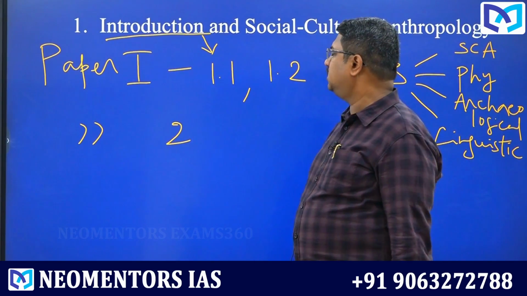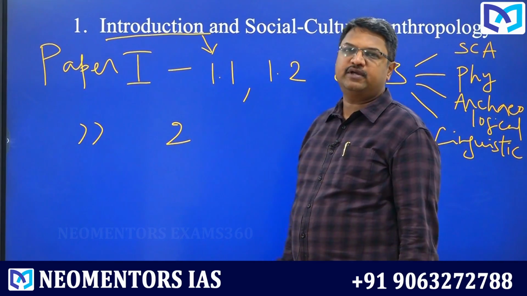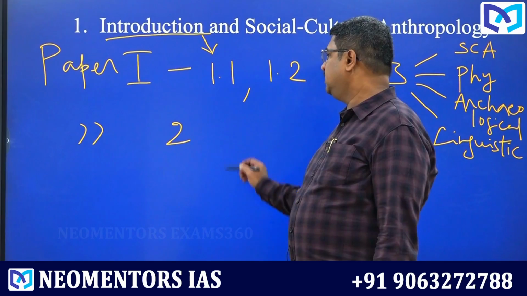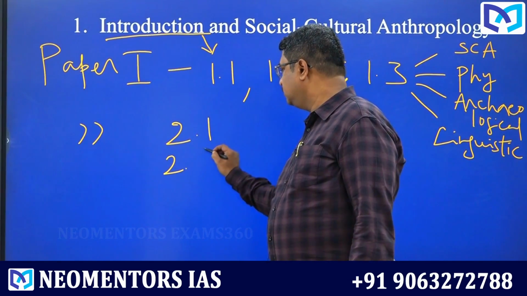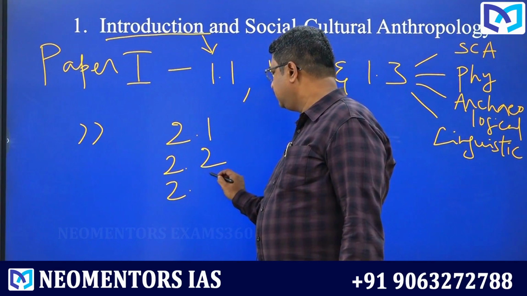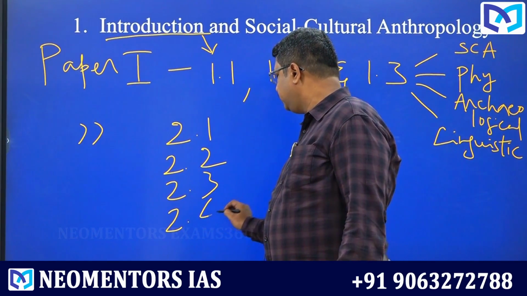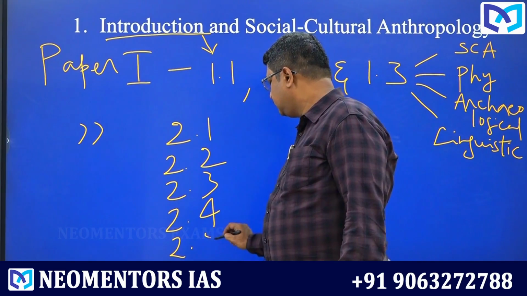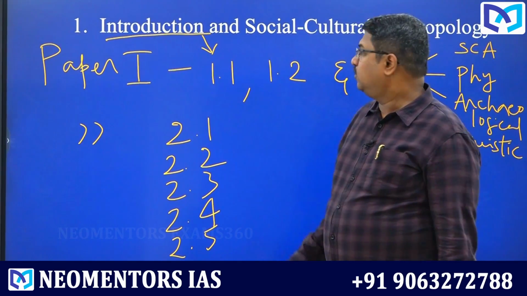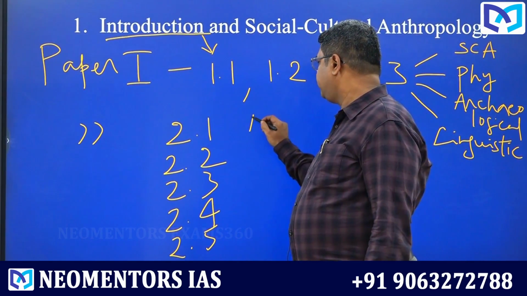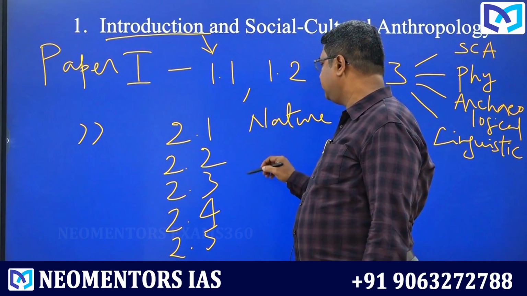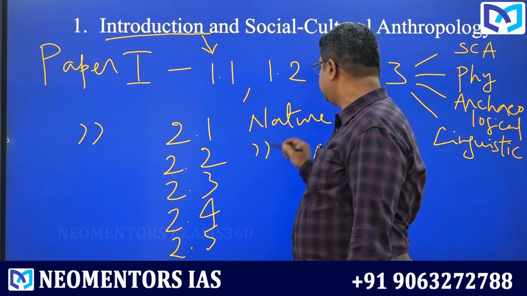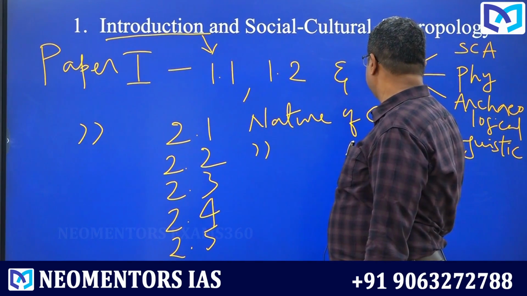Chapter 2 has got several sub points in it, 2.1, 2.2, 2.3, 2.4 and 2.5. Chapter 2.1 talks about nature of culture, and of course both have to be studied together, nature of culture and nature of society.